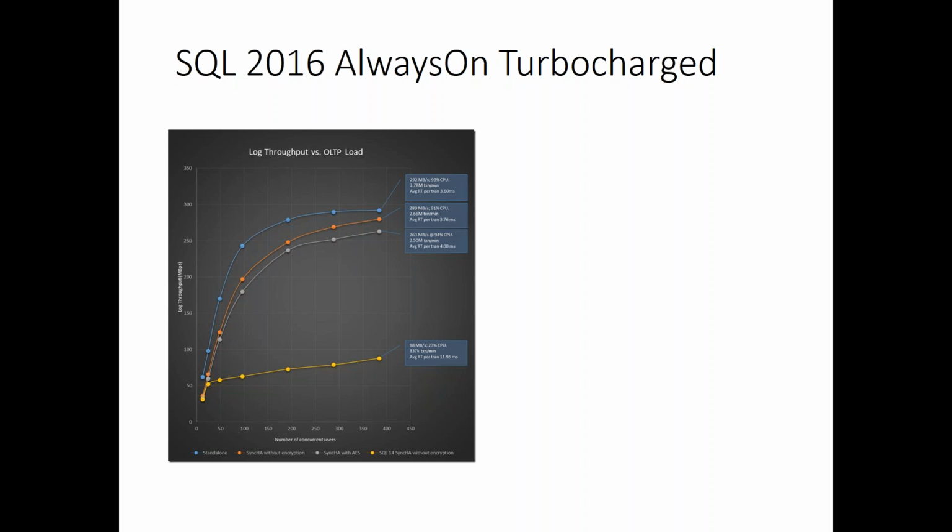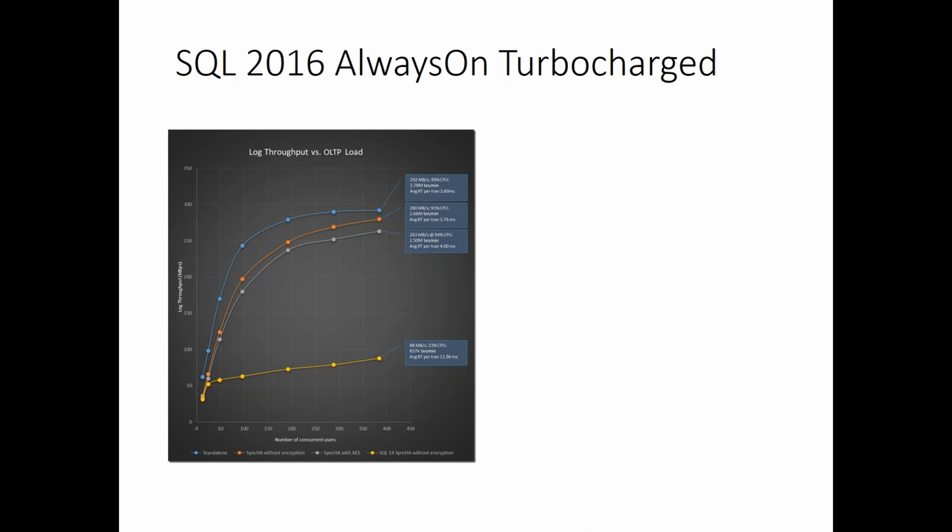Most of the hardware our customers are using is really high end, and we wanted the Always On availability group feature set to cope with the hardware speeds. So we did a ton of improvements, and based on them, we were able to achieve almost 95% of a standalone OLTP workload.